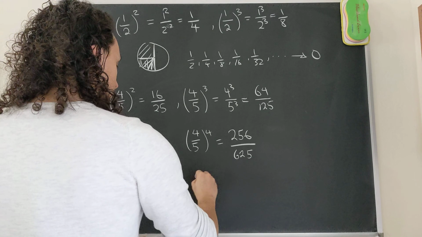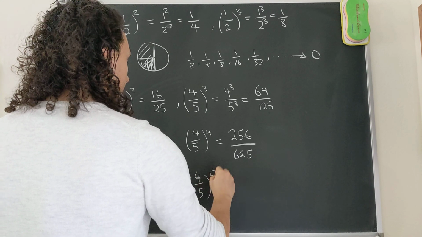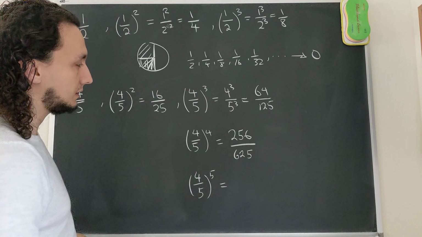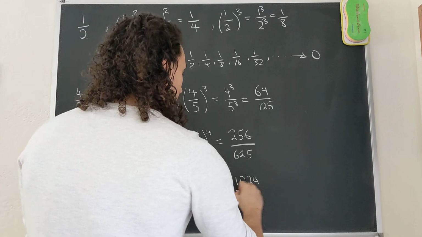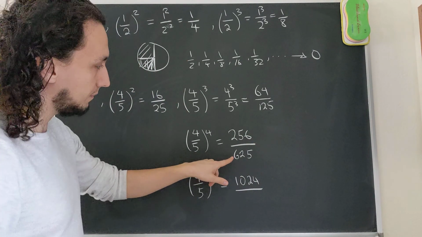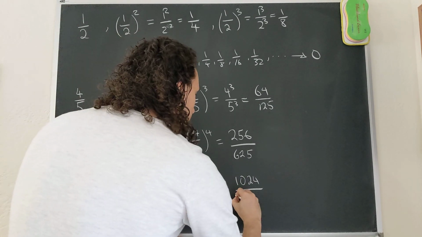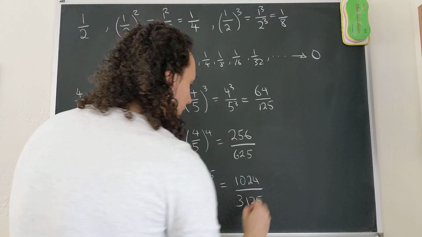Let's do one more just for illustrating. What about 4/5 to the power of 5? Well, that's going to be 256 times 4, so that's going to be 1024 on the top, and on the bottom it's going to be 625 times 5, so that's going to be 3,125.